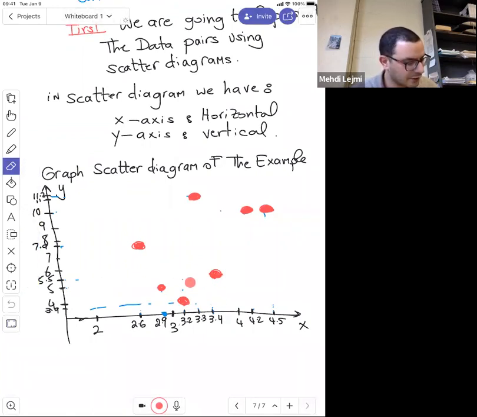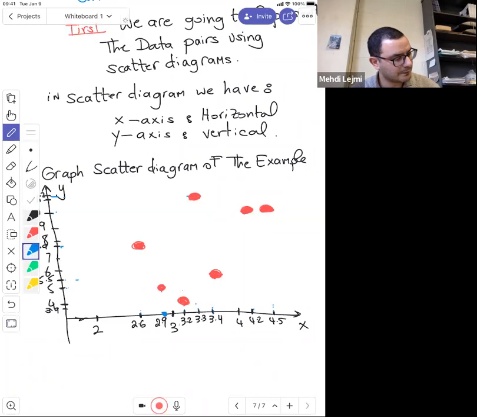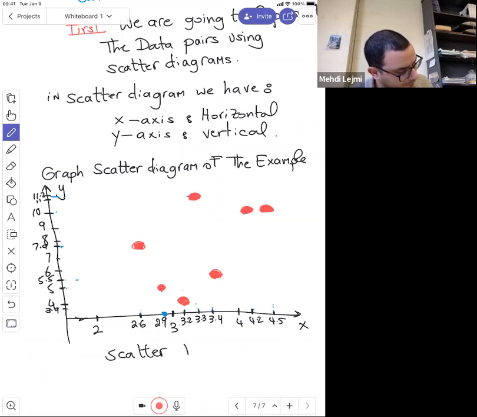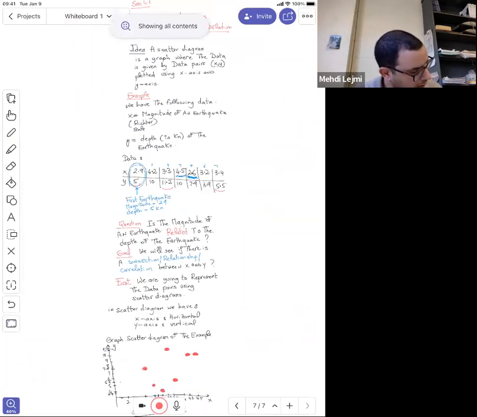So you don't connect the points, guys. Just plot the points, plot the data pairs, and that will be your scatter diagram. So this is your scatter diagram. Again, you don't have to join the points.